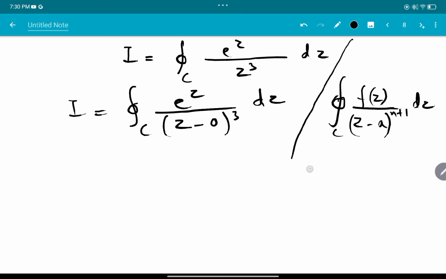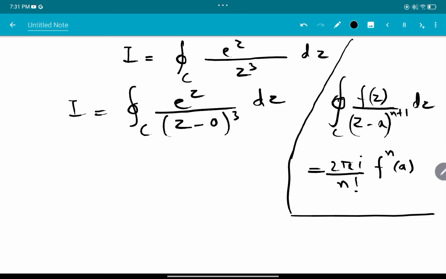Then you will get the factor 2 pi I divided by n factorial times f^(n)(a). This is what we deduced in our last lecture.